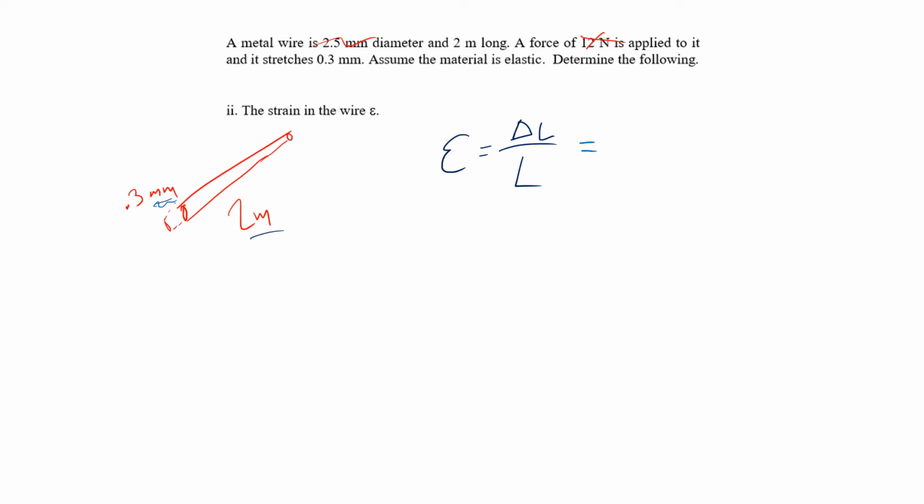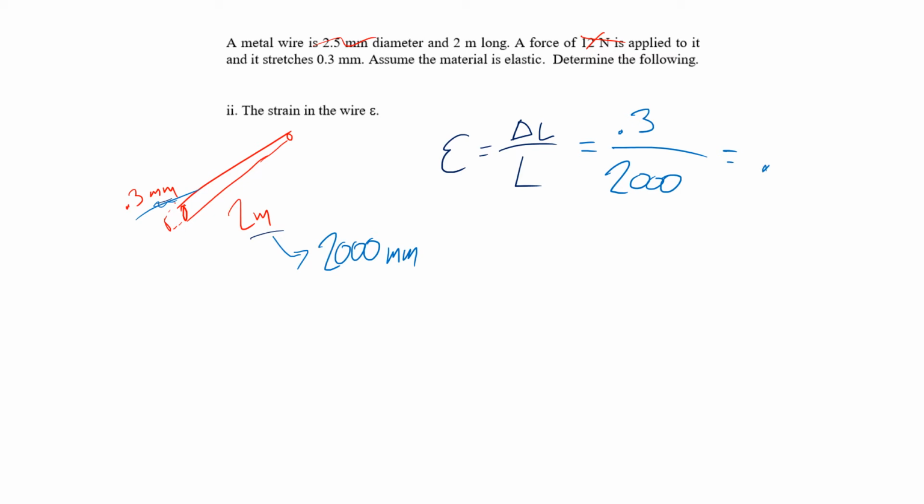So my delta L is going to be the 0.3 millimeters, so 0.3. And then my bottom is going to be 2 meters. So I have to change that into millimeters. Remember, milli, there's 1,000, right? Like millennium. So this is going to be 2,000 millimeters. And that's what's going to go in the denominator here. So we're going to have 0.3 divided by 2,000.